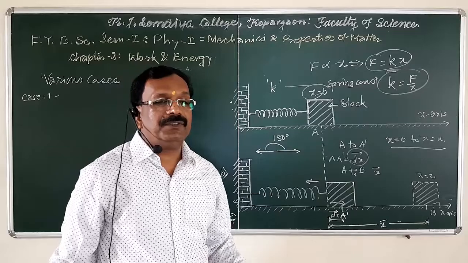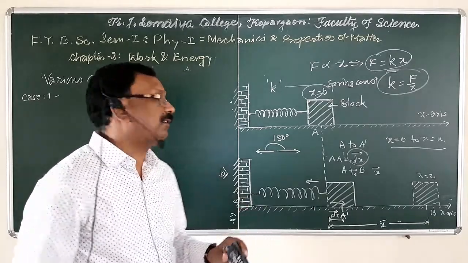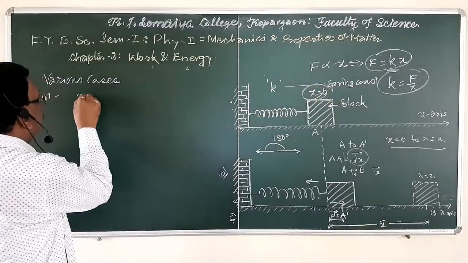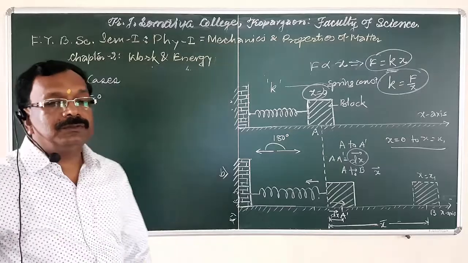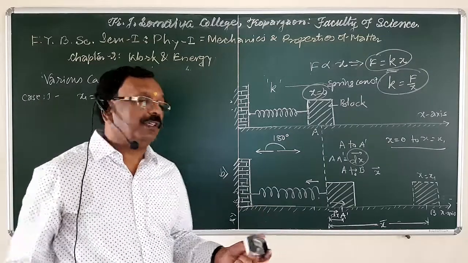Initially, here in case first, if the spring is in natural length, that means x1 is equal to 0, and finally the spring is in the stretched position, the final position.